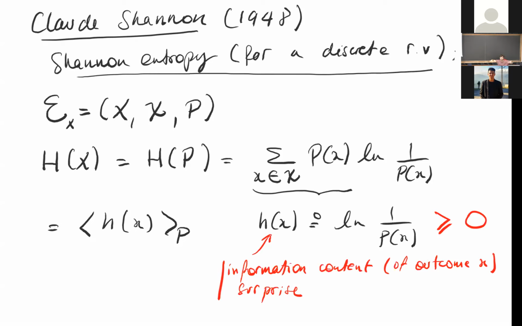What matters, because we take an average, is that the entropy will be higher if most outcomes have not so high, not so low surprise, rather than having many outcomes with a low surprise and one or two with a very high surprise. The average, and the entropy, will be higher in the case where the distribution is closer to uniform.